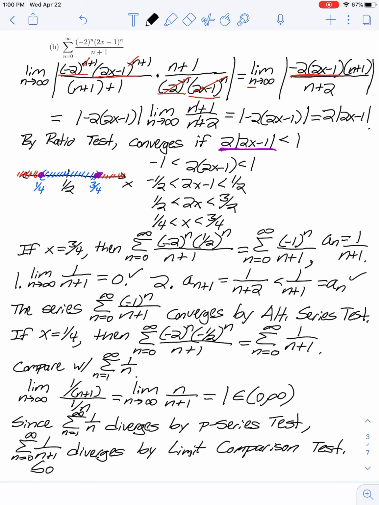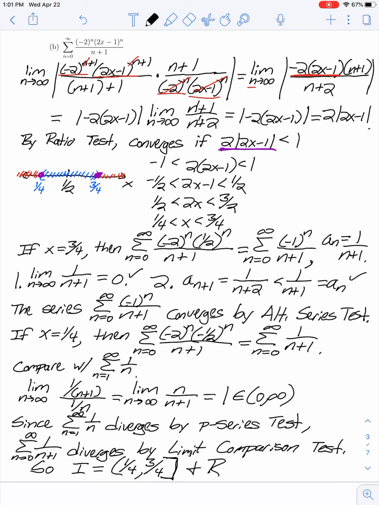So to finish out this problem, our interval of convergence, I, would be everything from 1/4, but not including 1/4, up to 3/4. And when x was equal to 3/4, we had convergence, so we would include that right endpoint.